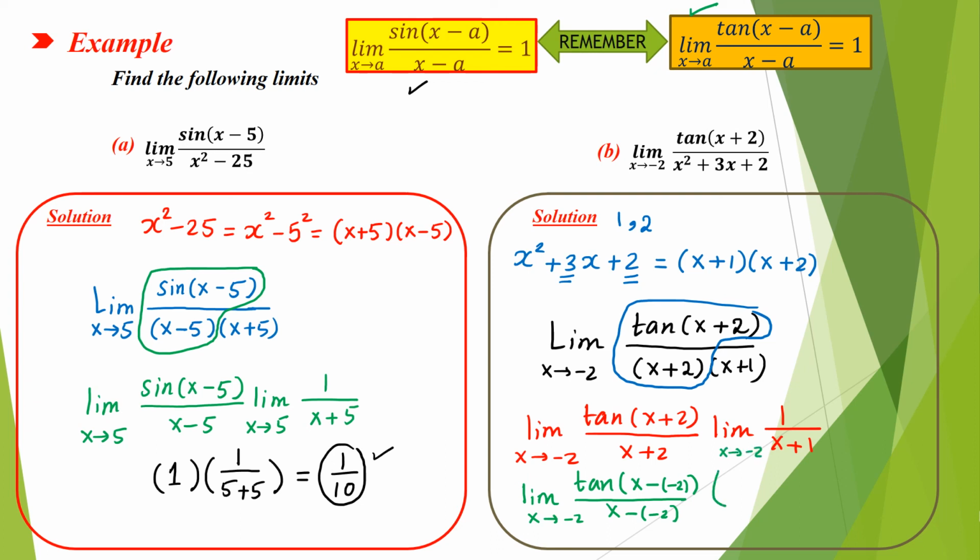And for the second limit you have to use direct substitution, so we have 1 over minus 2 plus 1, which is negative 1. So for the first one, use this rule, you will get 1 multiplied by negative 1, and the answer will be negative 1. And that's it. Thank you.